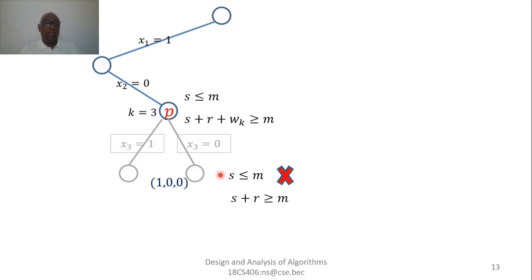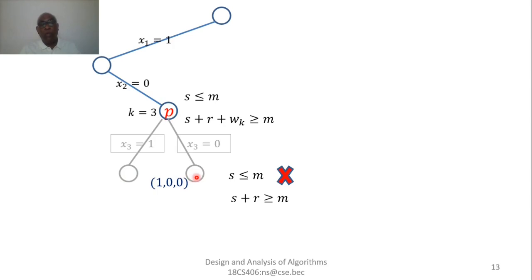So we find a new flavor of bounding function. In the N-Queens problem, the bounding function is common, which is to be satisfied at each and every node. But here, the bounding function appears in two forms. At the node defined by xk equal to 1, you need to check only S is less than or equal to m.